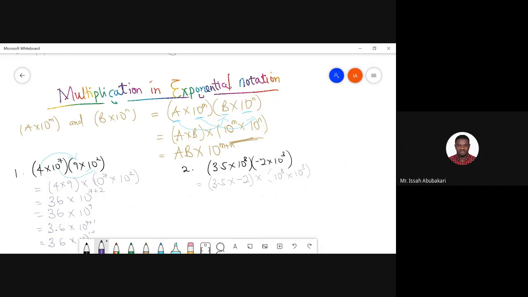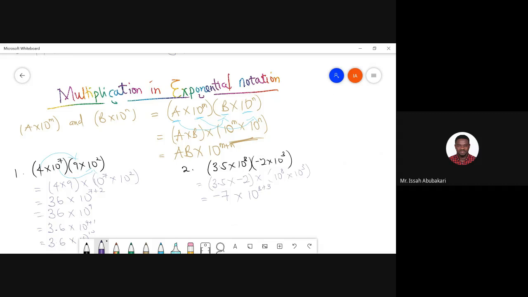Are we okay? Now, 10 power 8 times 10 power 3. So the next thing we have to do is multiply this side first. So multiplying the left side, you're going to get 3.5 times minus 2 will give us minus 7. Then we multiply it by this. We are going to have 10, and because they have the same base, we write 1. And we are going to have 8 plus 3.